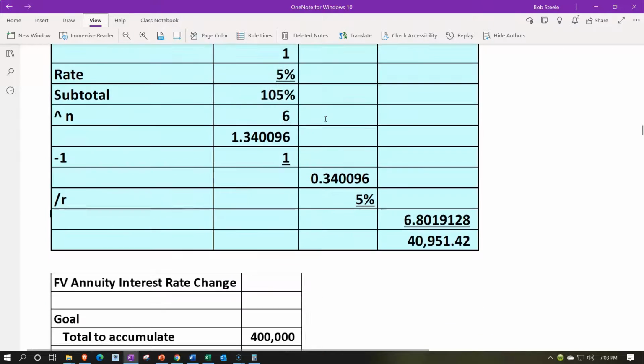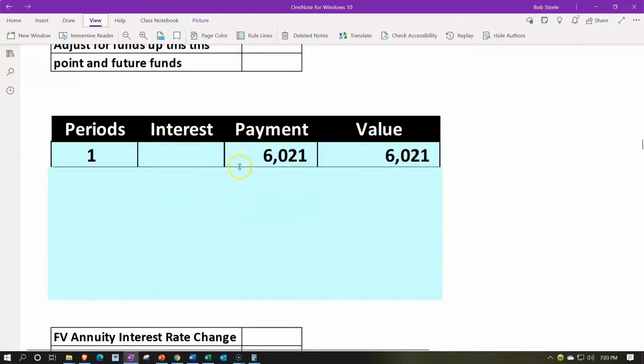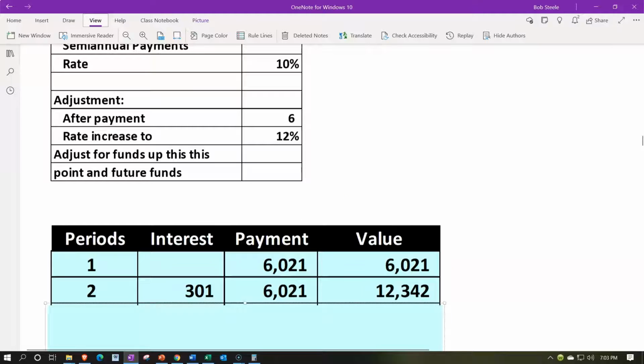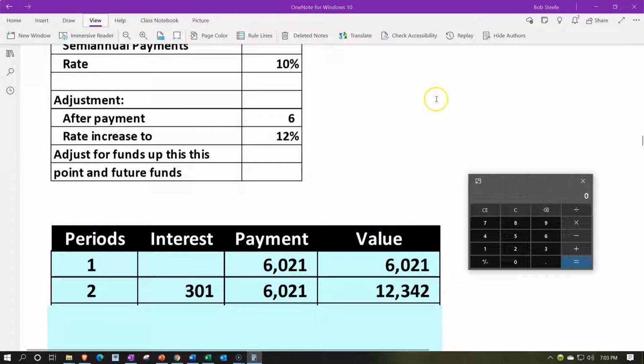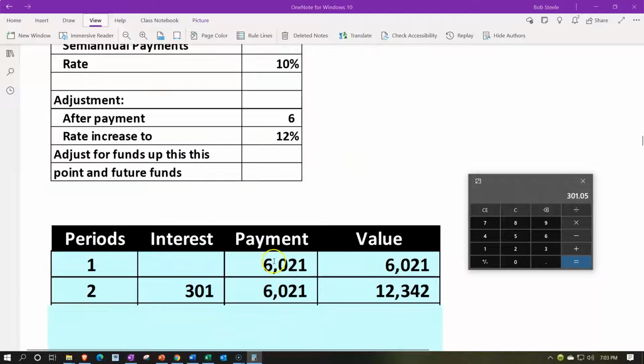But first, let's calculate this one a couple different ways before we go to the next component. We could do a running balance type of calculation. So if we had the 6021 for period 1, and we multiplied times the rate, which is 5%, we would have a running balance looking something like this, 6021 times 0.05. That's the rate per period, because it's semi-annual, gives us the 301.